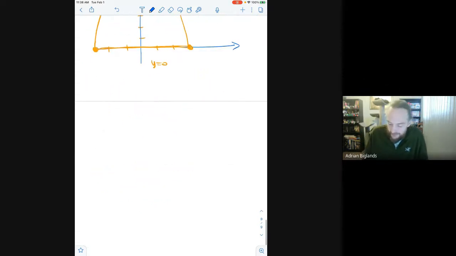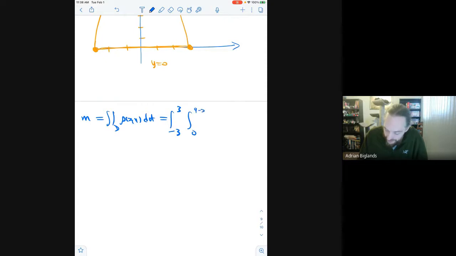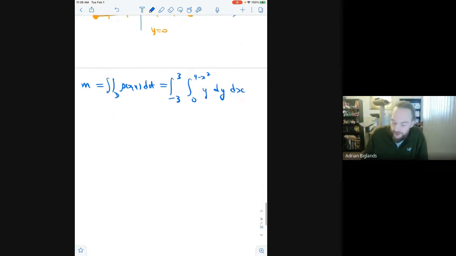And so the first thing that we get is the mass, which is the double integral over the region D of just rho xy dA, which is the integral from -3 to 3, the integral from 0 to 9 minus x squared of y dy dx. This is equal to, I'm going to have to FOIL out a bunch of stuff.